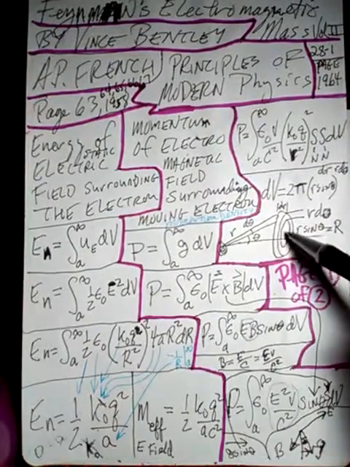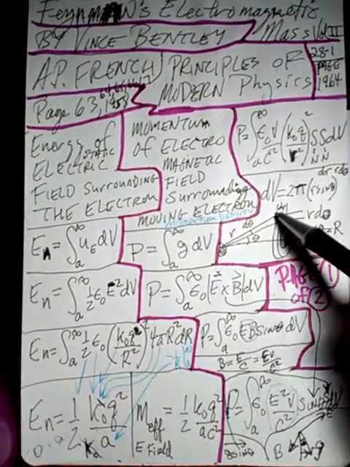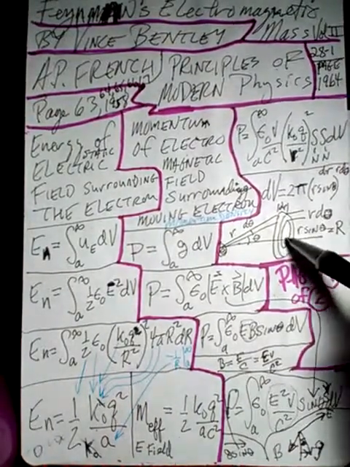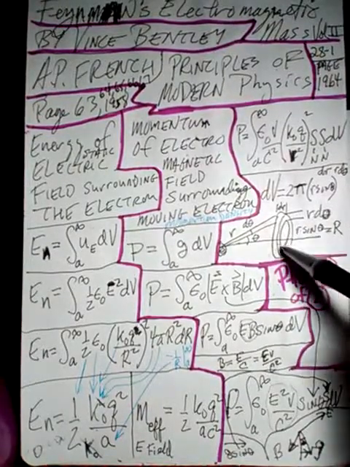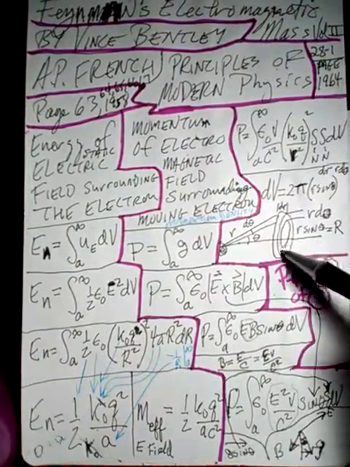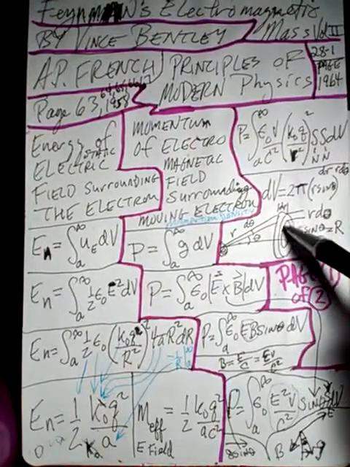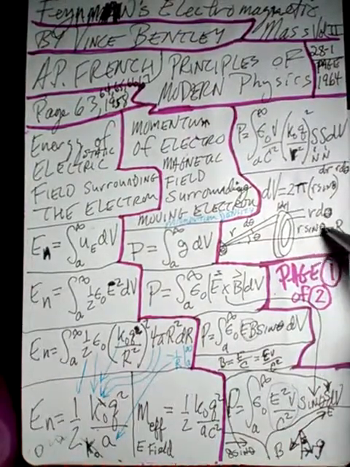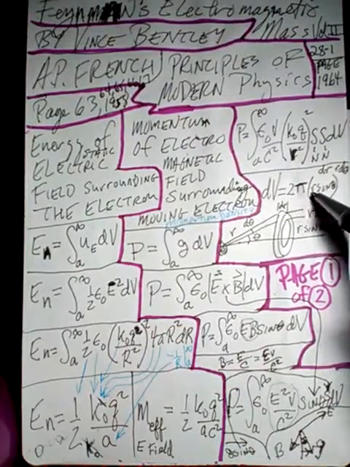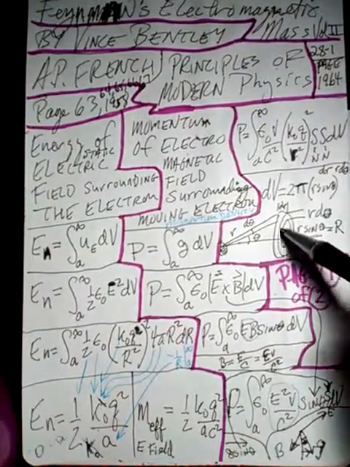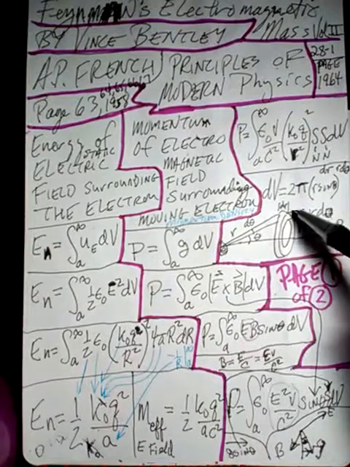But this is big R right here, whereas this is little r right here. So how long is the circumference? Well, the circumference around is 2 pi times big R, little r sine theta. So 2 pi little r sine theta is how long it is around.